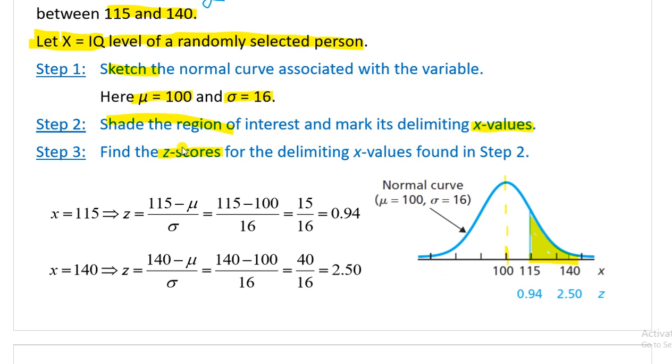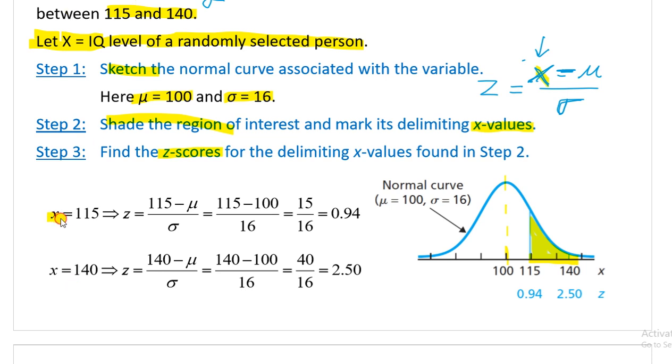I know that my random variable x has a normal distribution with mean mu and standard deviation sigma. So if x has a normal distribution with mean mu and standard deviation sigma, then z is x minus mu divided by sigma. Now what are the values of x given? The first value of x is 115. So if you replace 115 and 140 here, you will get the corresponding z-scores. Here we have calculated them.